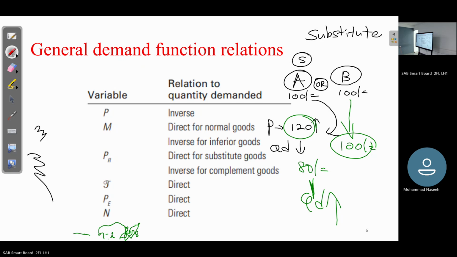Therefore, substitute product becomes blank.